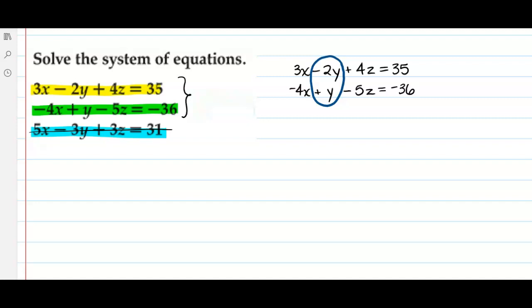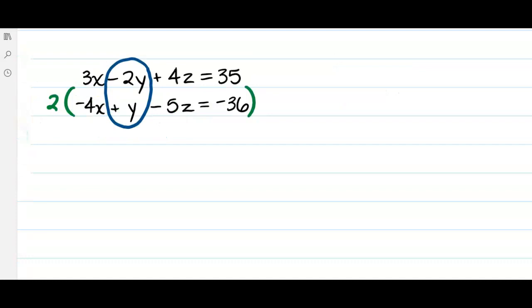And we can make that happen, if you recall, by just multiplying the entire equation by 2. So my first equation doesn't change. 3x minus 2y plus 4z equals 35.